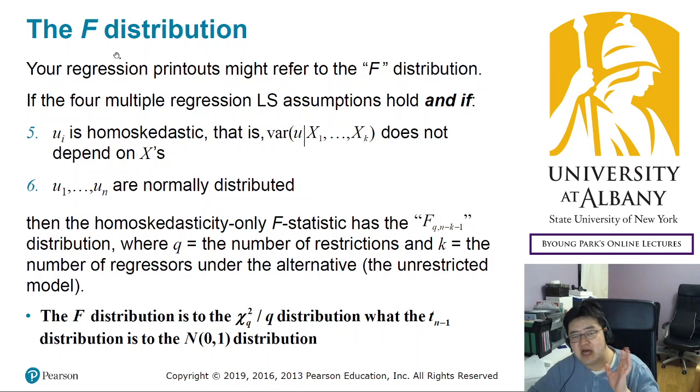That is not wrong either. But to say that the F statistic follows an F distribution, you need two quite strong assumptions. First, the error term has to be homoscedastic, which means the variance does not depend on X, and also the error term must be normally distributed. These are very strong assumptions.